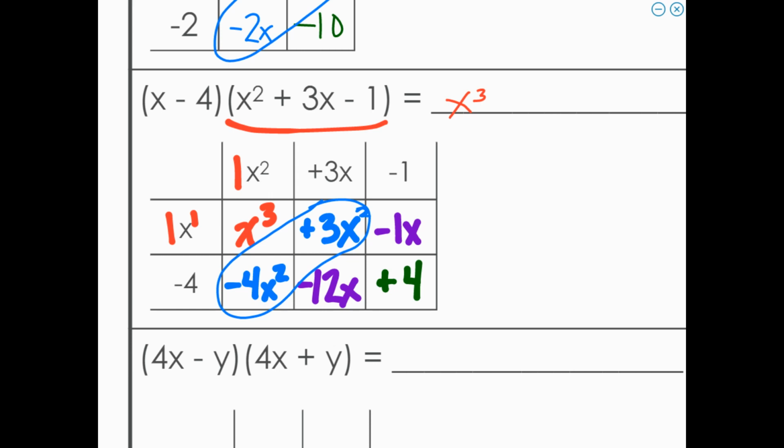Alright. Okay, so negative 4x squared plus 3x squared. This is where we're adding. Okay, so inside they're all like terms and we're adding. When we're doing what's out here times what's out here, then it's multiplication. So negative 4x squared plus 3x squared is a negative 1x squared.